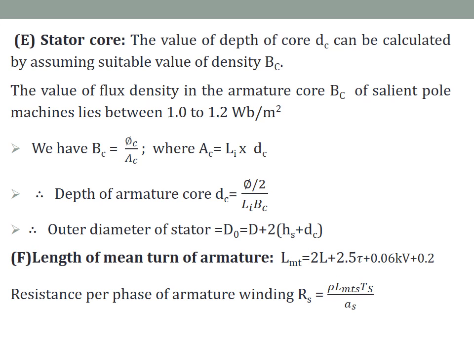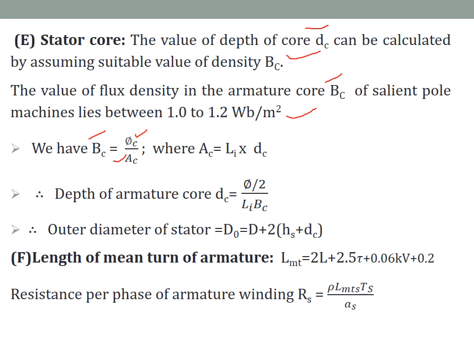Now coming to the stator core, the value of the depth of the core, DC, can be calculated by assuming a suitable value of BC. The value of flux density in the armature core BC of a salient pole machine lies between 1 to 1.2 Weber per meter square. So now BC is equal to flux in the core divided by the area of the core.